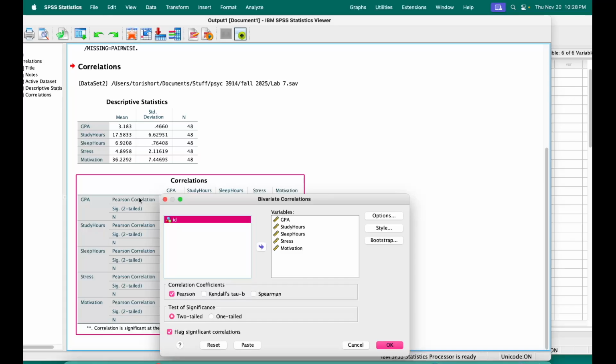So as GPA increases, if it's a positive relationship, study hours will also increase. If it's a negative relationship, as GPA increases, study hours would decrease, which would be really surprising. So that is telling you both the direction and the magnitude of the relationship.